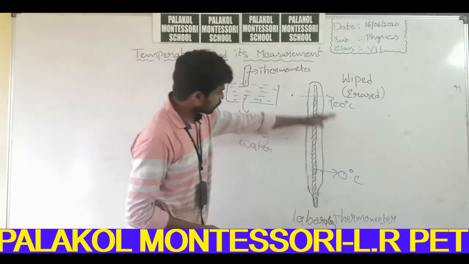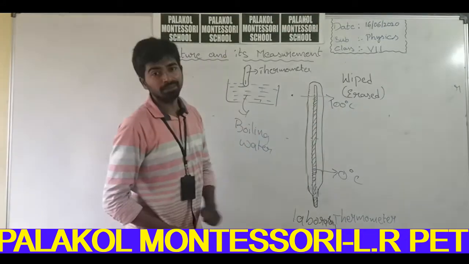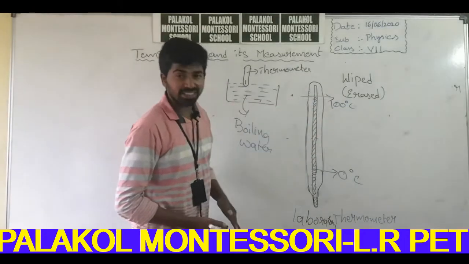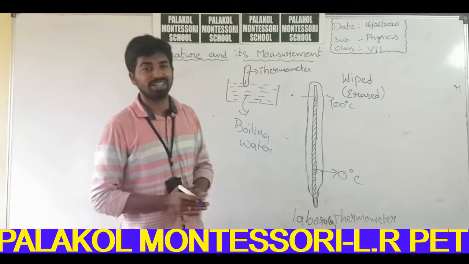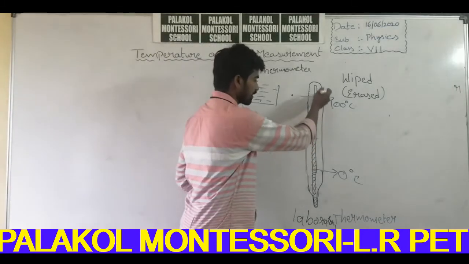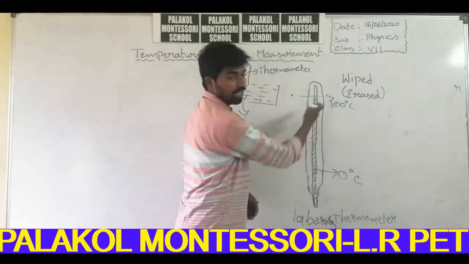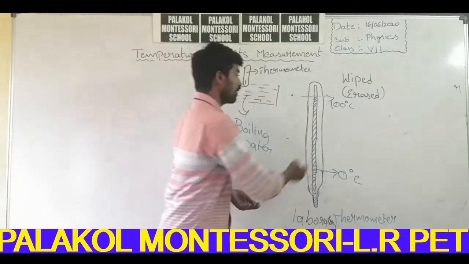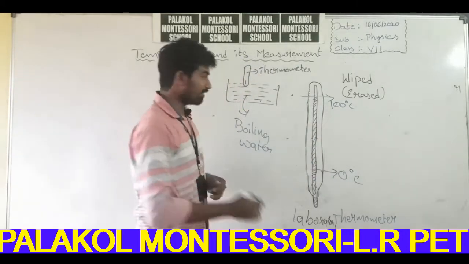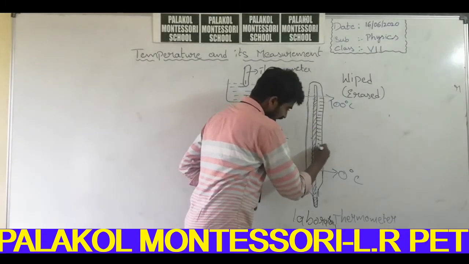So, between 0 and 100 degrees centigrade there will be some space. Divide this space into 100 equal parts. Find the distance between them and make equal divisions.